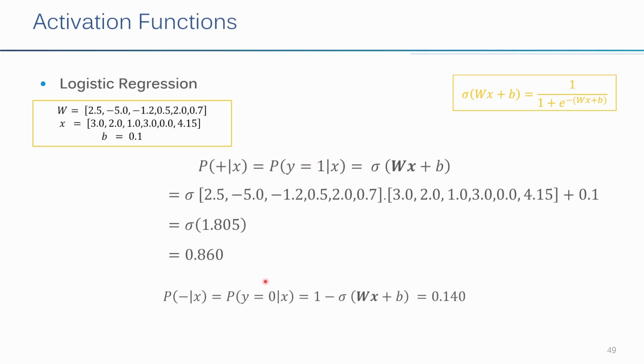And if we want to see how probable it is that the same set of features and weights would result in something negative, we can just do 1 minus the value that we just calculated, and then we obtain this value. Okay?